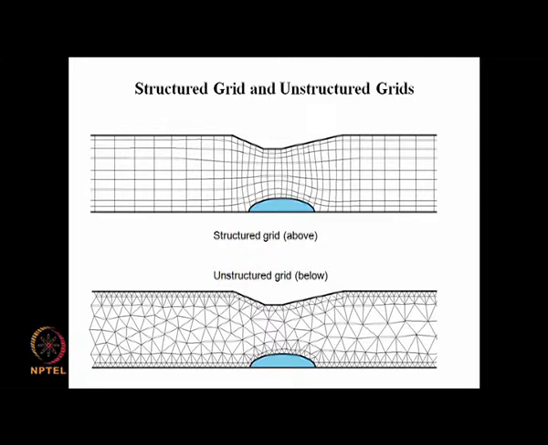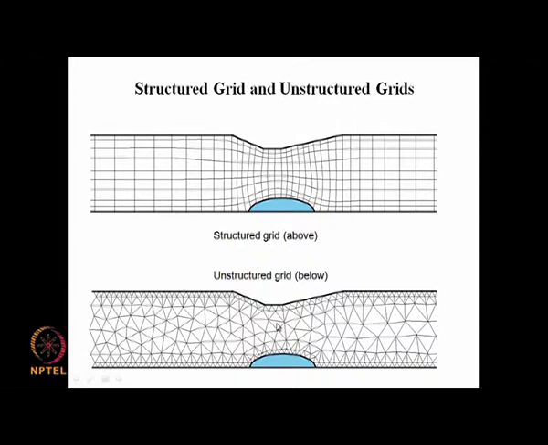Now the difference between the structured grid at the top and the unstructured grid at the bottom is that in the structured grid the immediate neighbors are here and here and here and maybe here, but for a triangular cell only the immediate neighbor sharing a face with you matters. If you are starting to put your numbering from here, 1, 2, 3, 4, 5, 6 like this, then you can see that the neighbors are not somebody whom you know straight away.